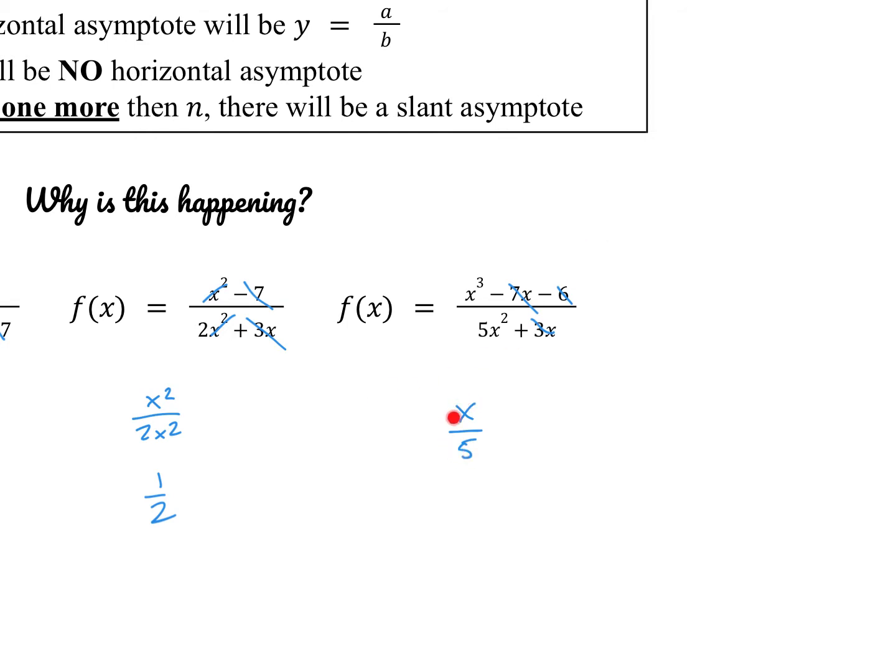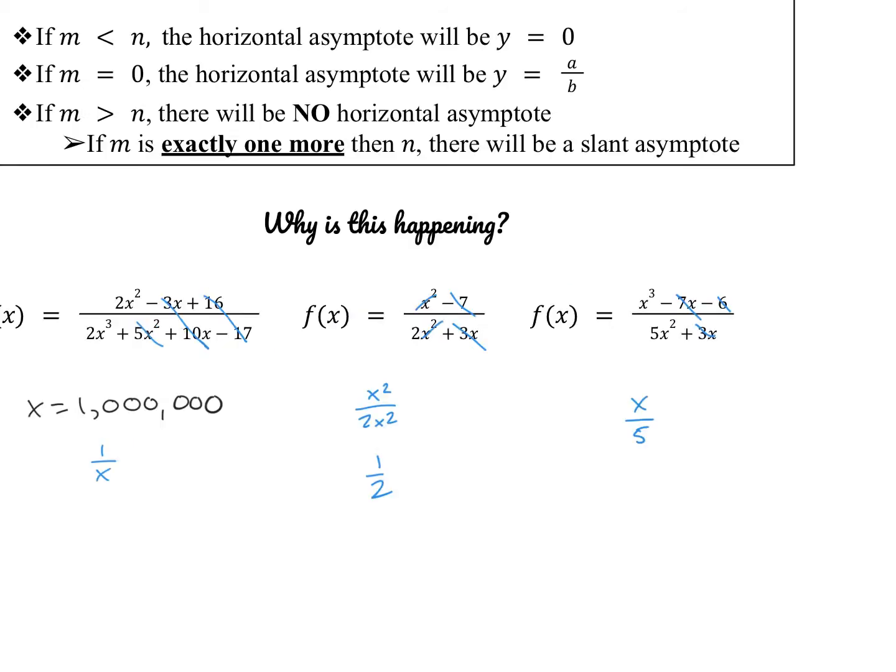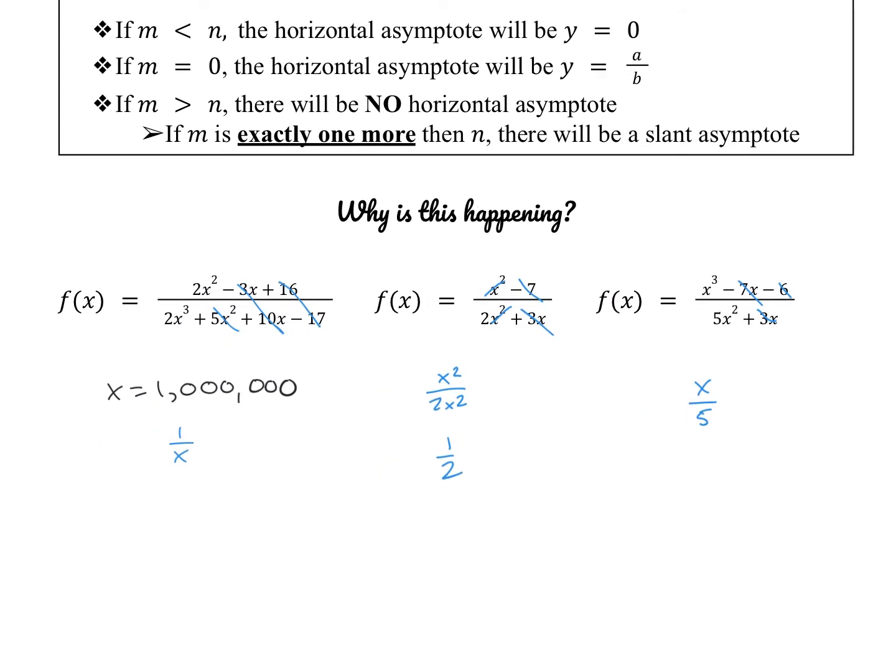And then imagine you're plugging in 2 million and then 3 million. This is just going to keep getting bigger and bigger and bigger, right? So if our numerator has a larger degree than the denominator, the larger x gets, the larger y is going to get. It almost acts like a linear function, it just keeps heading up forever and ever and ever.